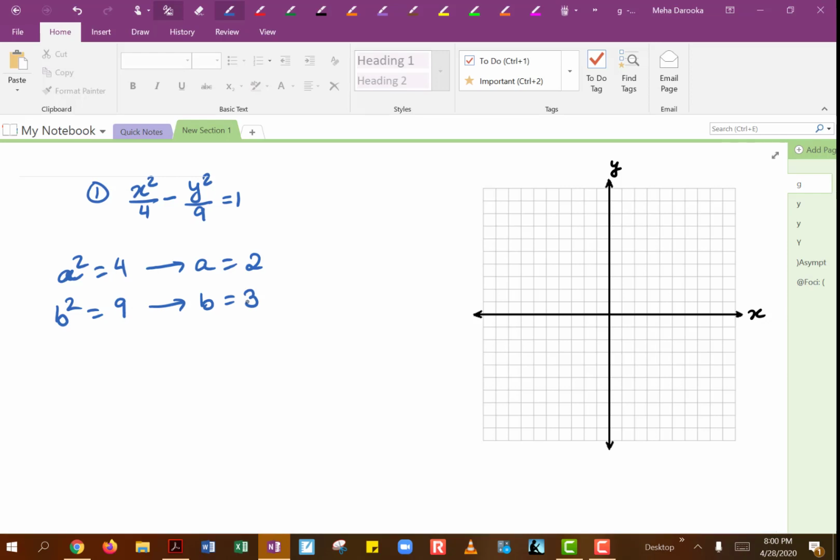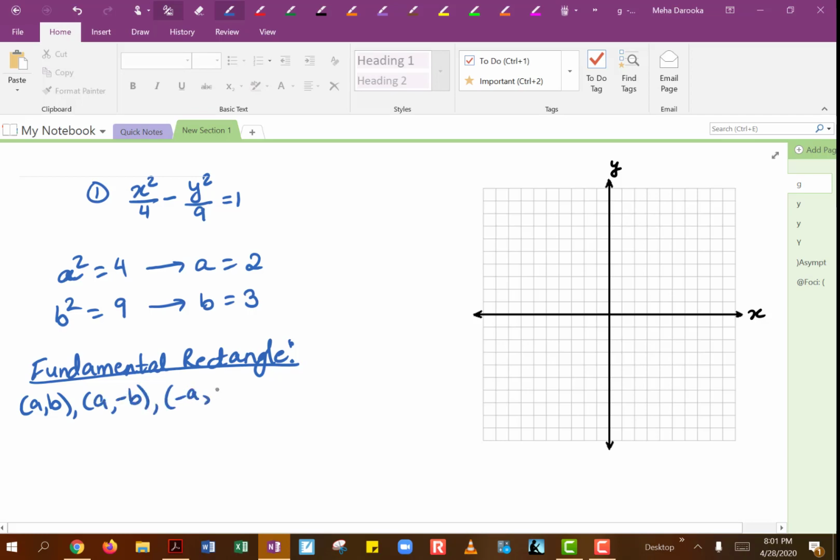So if we talk about the vertices of our fundamental rectangle, because that's the first thing we need to grab, those vertices are going to be (a, b), (a, negative b), (negative a, b), and (negative a, negative b), right? We just go with different versions of positive and negative for each of these numbers. So that would be (2, 3), (2, negative 3), (negative 2, positive 3), and then (negative 2, negative 3).